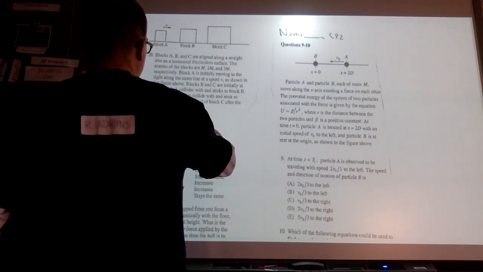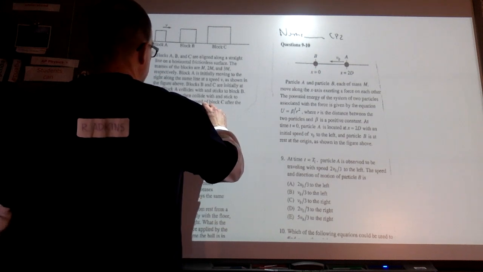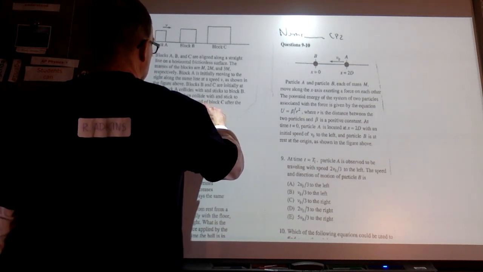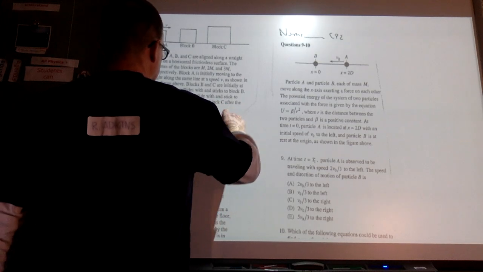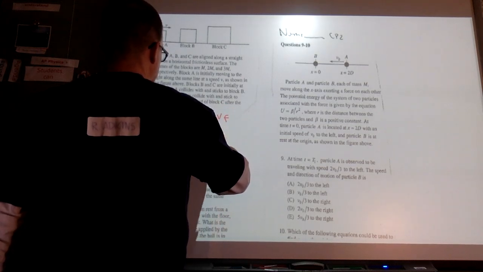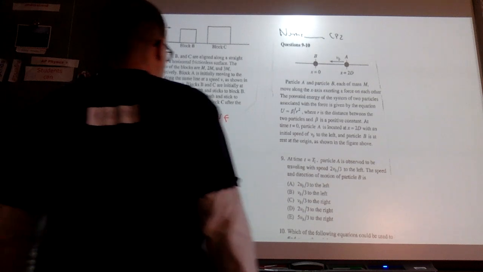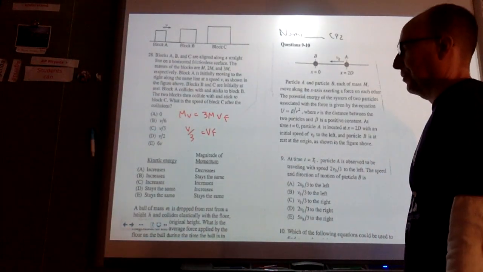So I'm going to have M times V equal to 3M times V final. That's going to give me a velocity of V over 3.